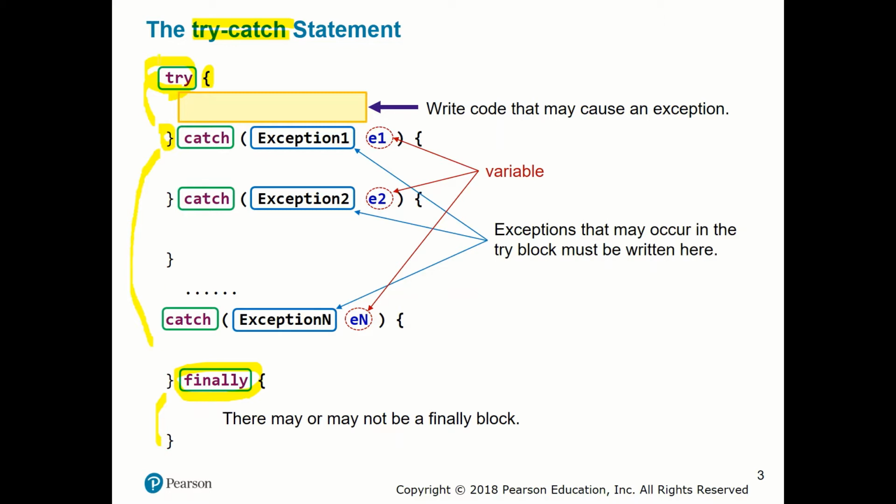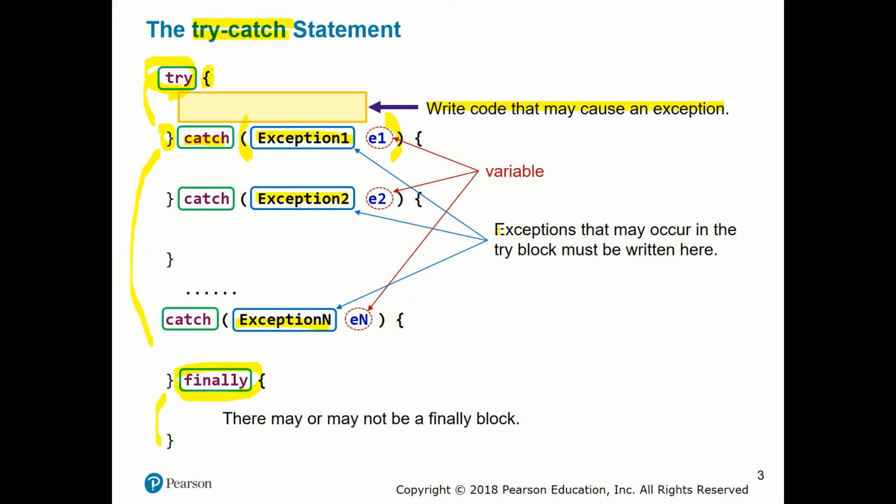And inside the try block, you must write code that may cause an exception. And in a catch block, you need to write parentheses. Catch is the keyword, and there is a parenthesis. And inside the parentheses, you need to write the exception name.